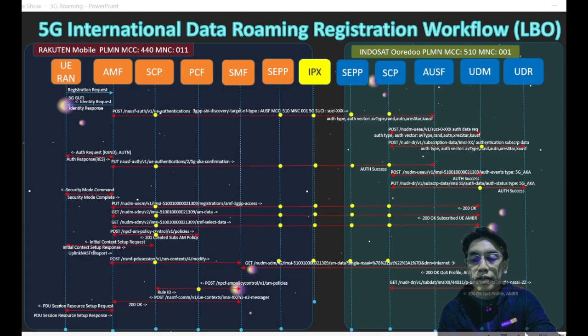UDM in the home element will reply back with the subscriber profile containing QoS profile, AMBR, and other data. UDM will query the subscriber data to the UDR, and the UDR will send back the subscriber data to the UDM, which then is sent back to the SMF.